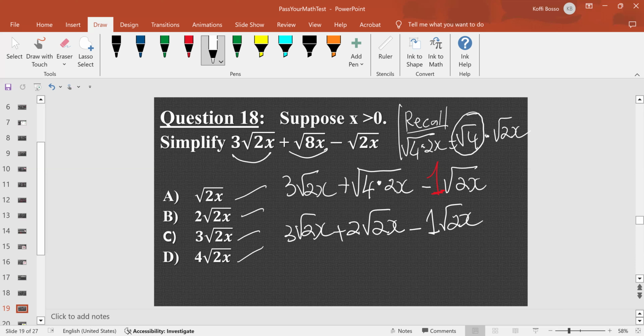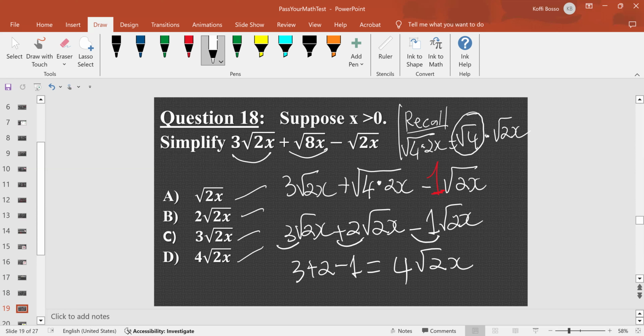What to do next? We're going to keep square root of 2x, but we take a 3, we add it to 2, and we subtract 1. So 3 plus 2 minus 1 is what? 4. And then you keep the square root of 2x.